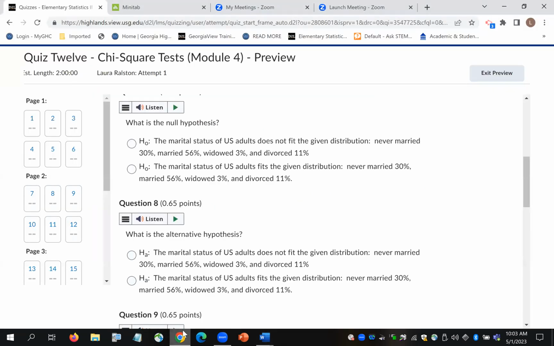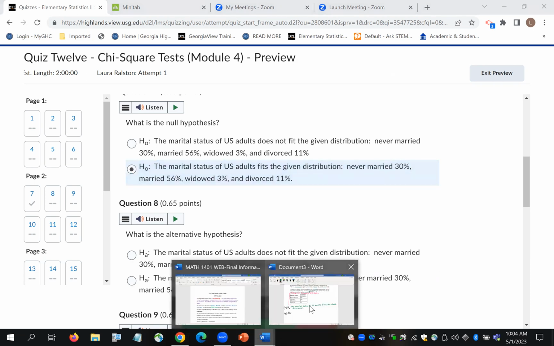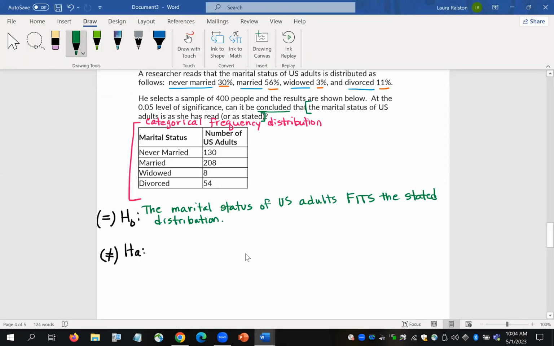Come over here and look at these. It says, what is the null hypothesis? Well, the first option that I've highlighted in gray says does not fit. In my mind, does not fit would imply not equal. So it has to be this second option because it says it fits the given distribution. Again, you're going to have to read very carefully and think about the words.